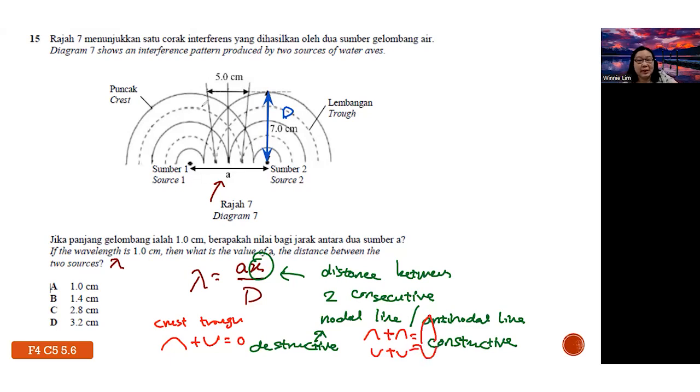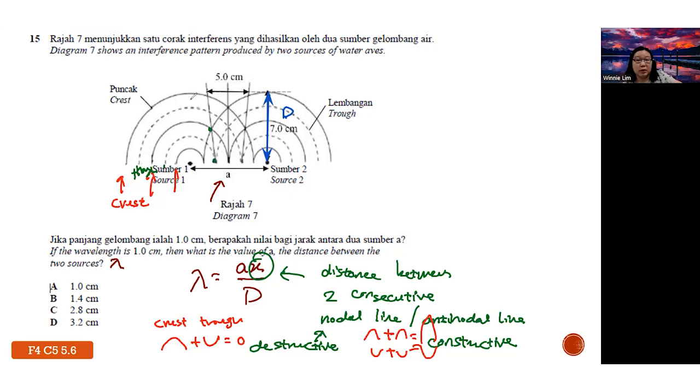Okay, so let's see the graph here. The water wave that you see clearly refers to crest, and the dotted line refers to trough. So let's see, this point is what? Crest and crest, right? That means constructive.